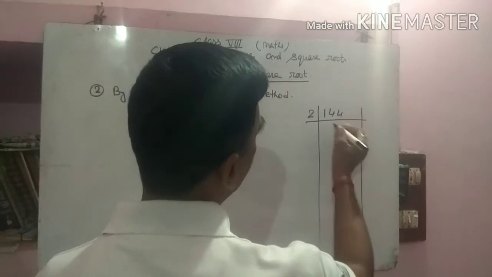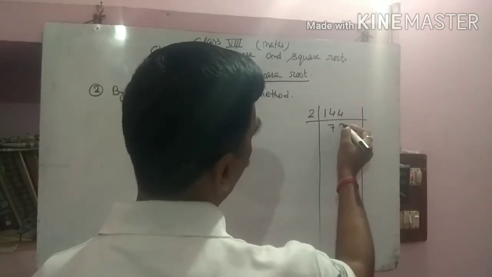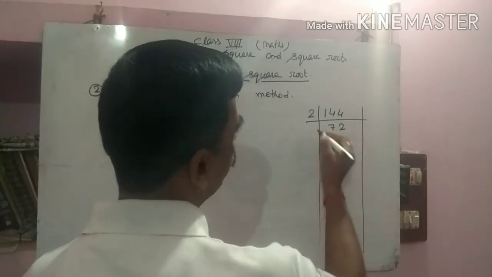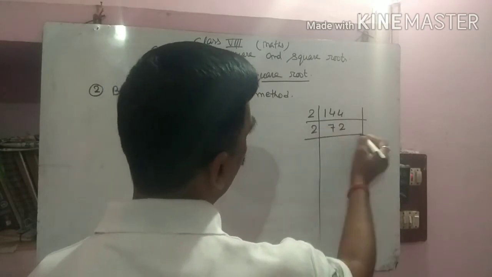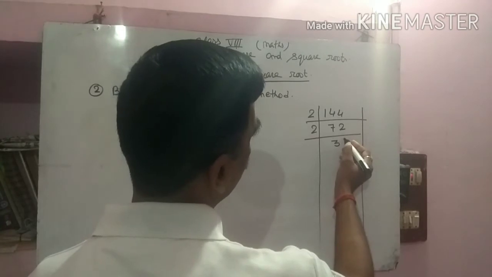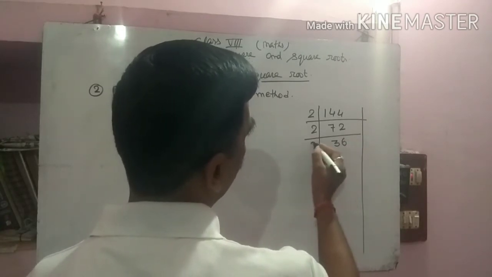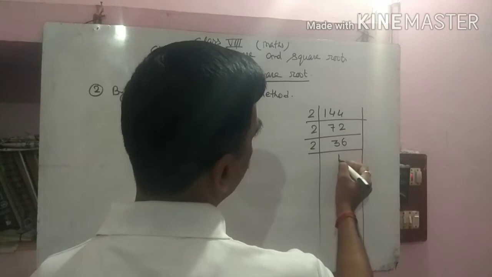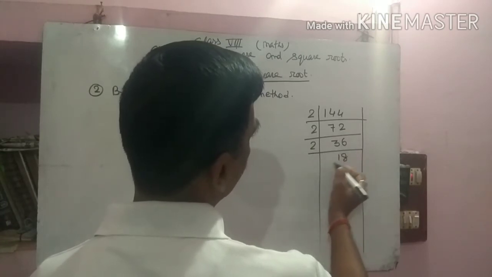So 2 sevens are 14 and 2 twos are 4. Then 2 threes are 6 and 2 sixes are 12. 2 ones are 2, 2 eights are 16.